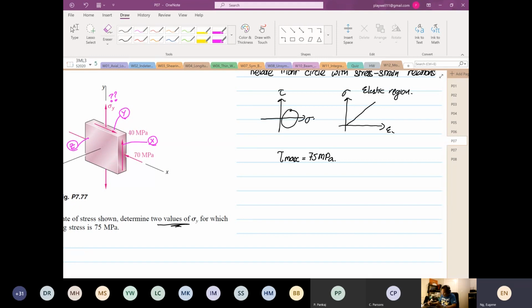So the next thing is we also know that the stress max is equal to twice the radius of the circle. When stress Z is equal to 0, this will be equal to 150 megapascal, plus and minus.